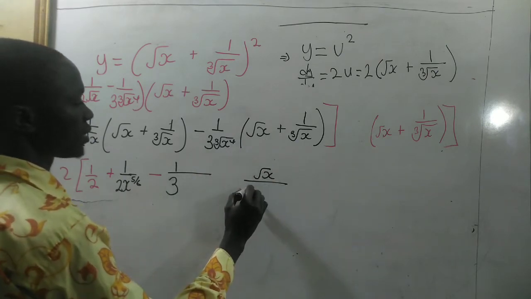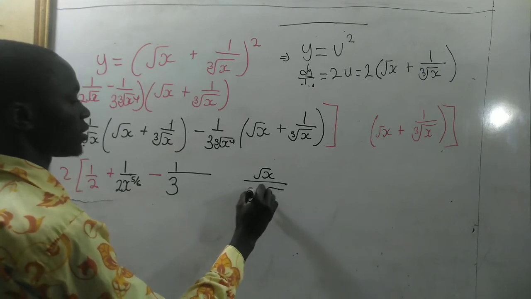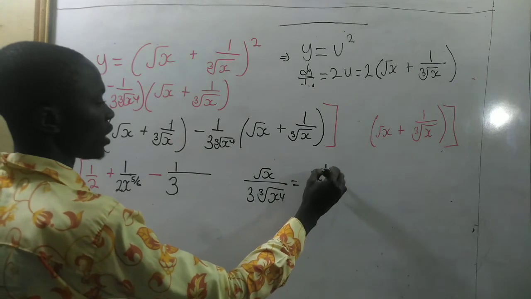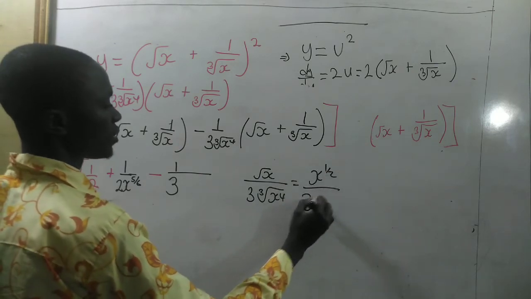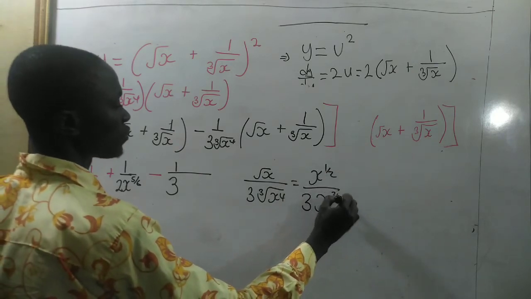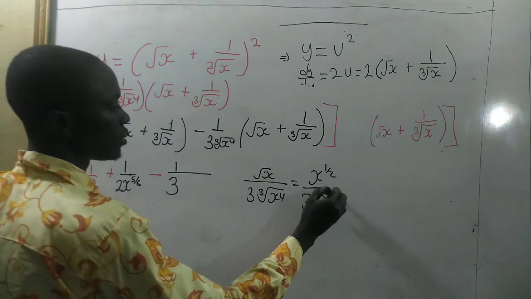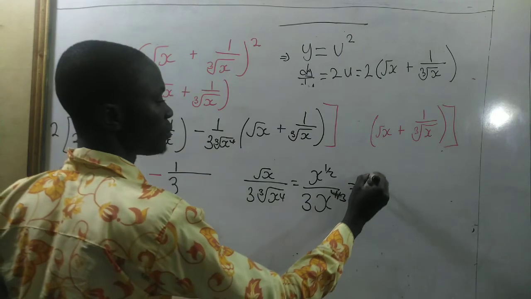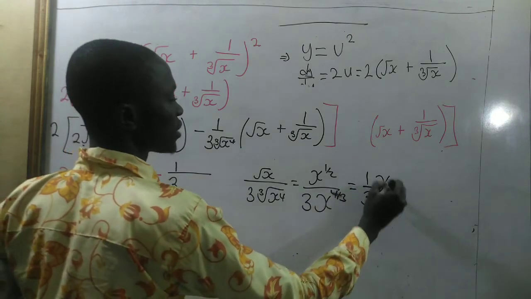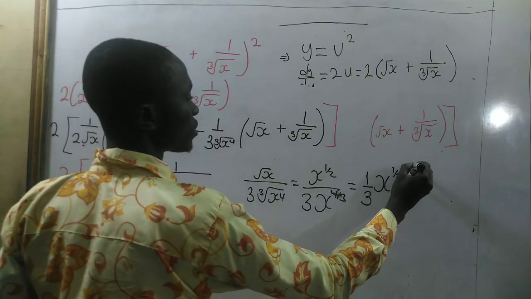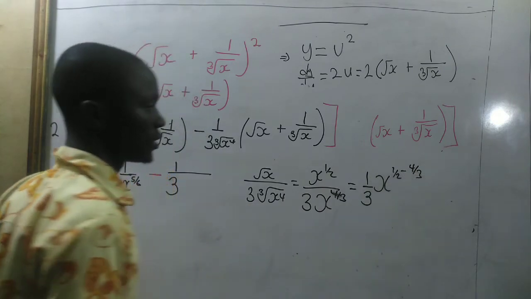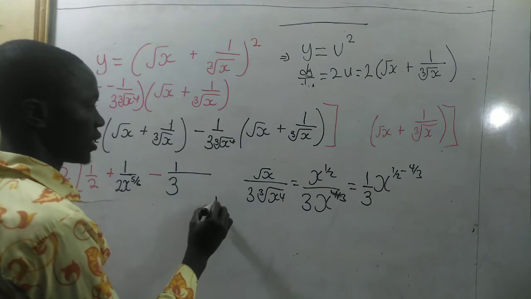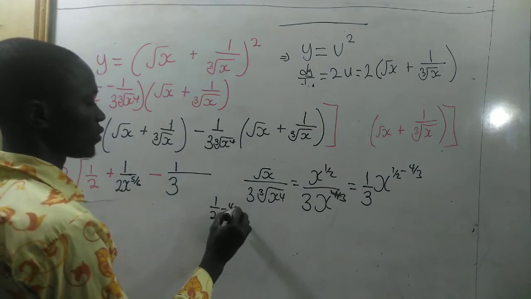This divided by 3 cube root of x to the power 4, which is the same as x to the power half on 3, x to the power 4 out of 3. So this is the same as 1 on 3, x to the power 1 out of 2 minus 4 out of 3. And here, what are we going to get? Let's take 1 out of 2 minus 4 out of 3.